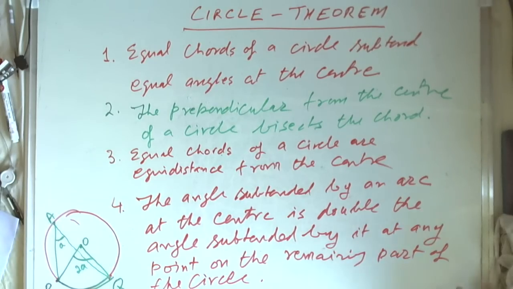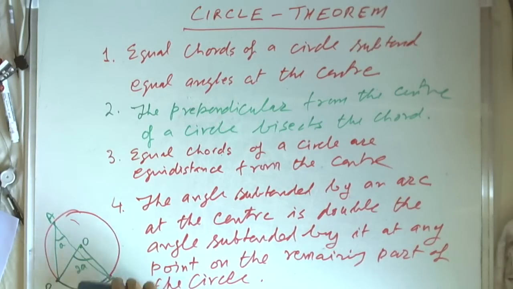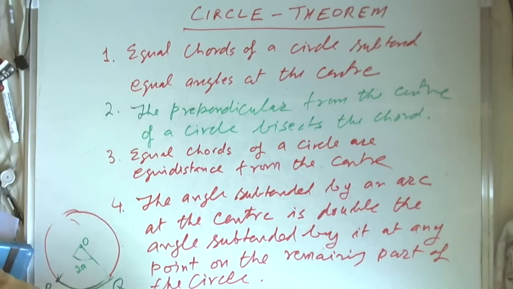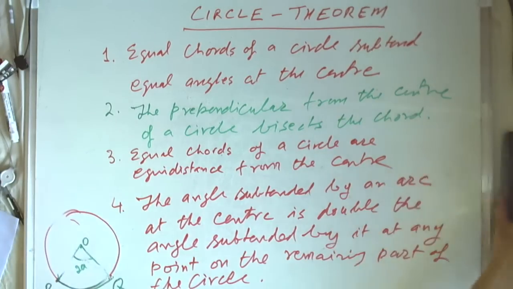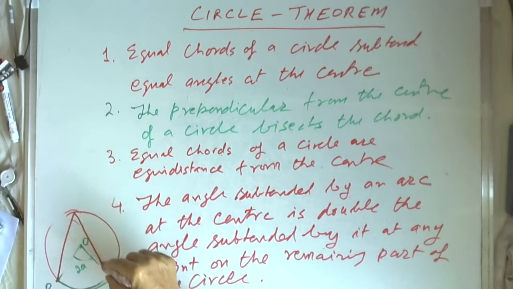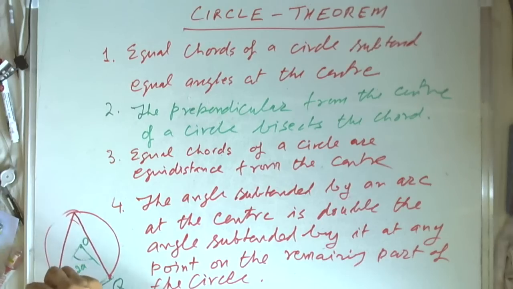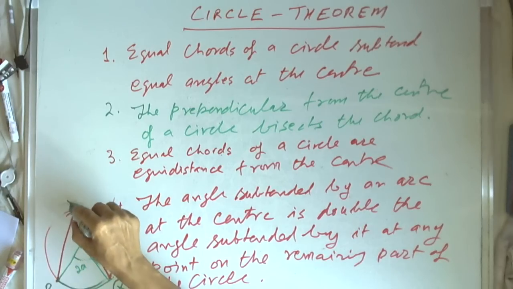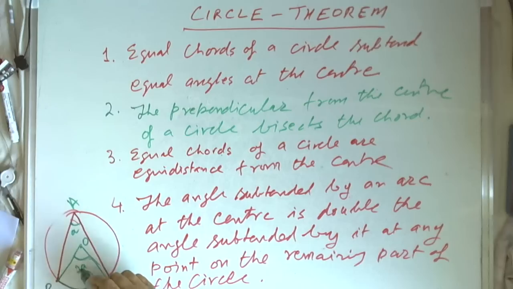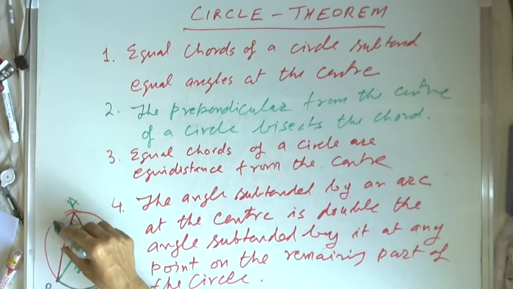Or if we draw a simpler diagram, let's not draw that complicated diagram. So this point suppose is A, then if this angle is A, then this angle will be 2A. This angle is double this one, and it could be at any point.